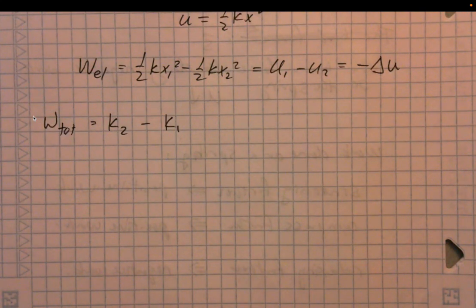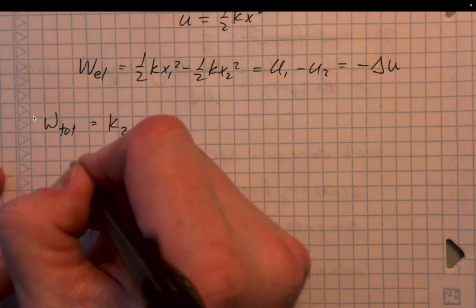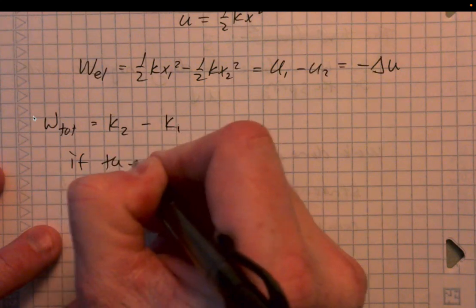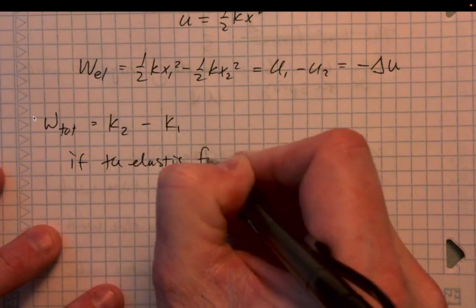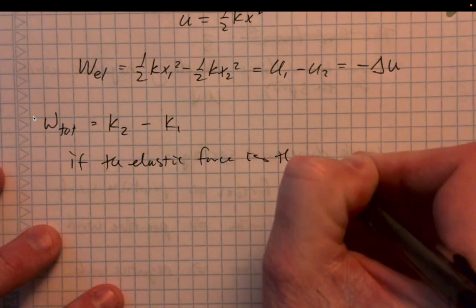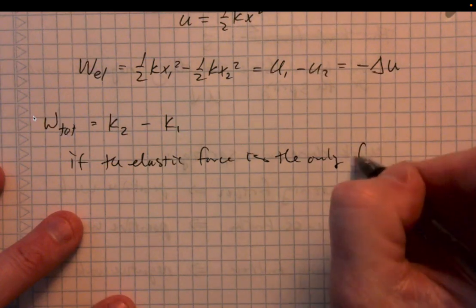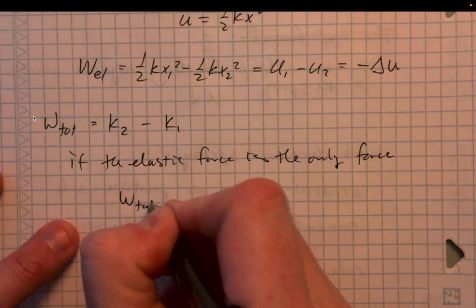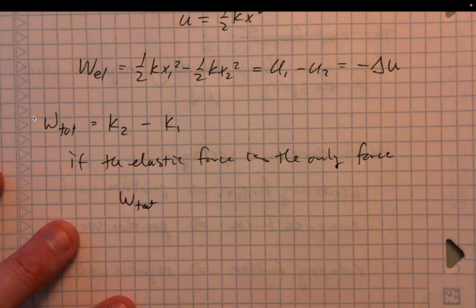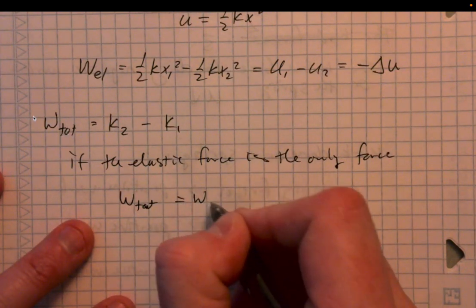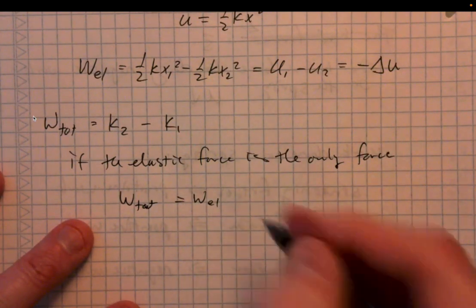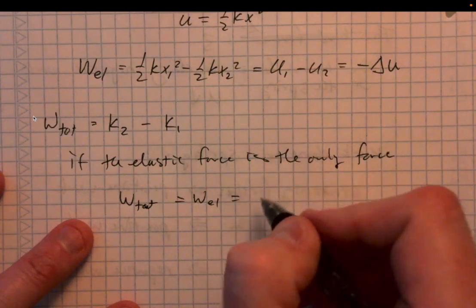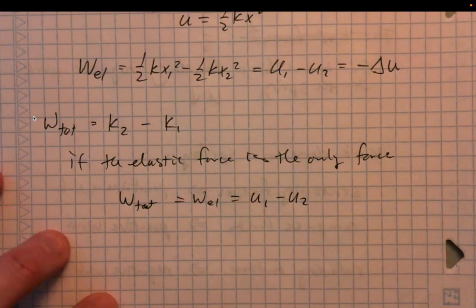And so what we say is that if the elastic force is the only force, then the total work will be equal to the work done by the elastic force, which will be equal to U1 minus U2, right?